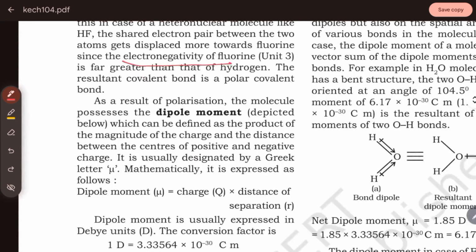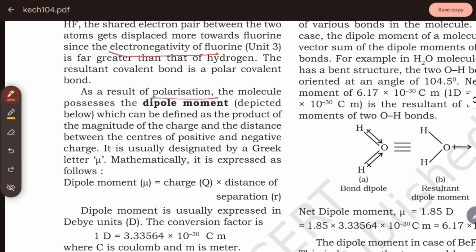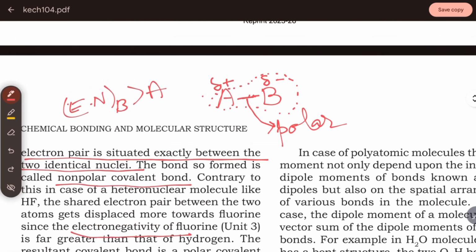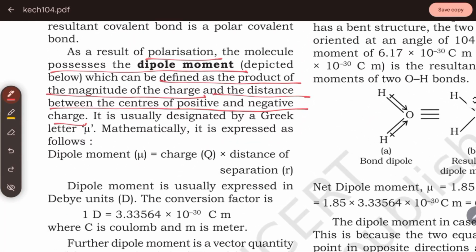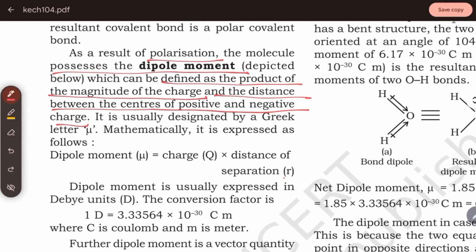As a result of this polarization, the molecule possesses a dipole moment, which is defined as the product of the magnitude of the charge and the distance between the positive and negative centers. It develops a delta negative charge, slightly negative polarity, and slightly positive polarity on the two ends. The distance between the charges is taken as R, and Q is the charge.